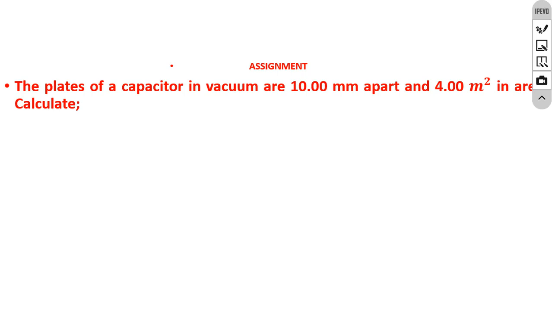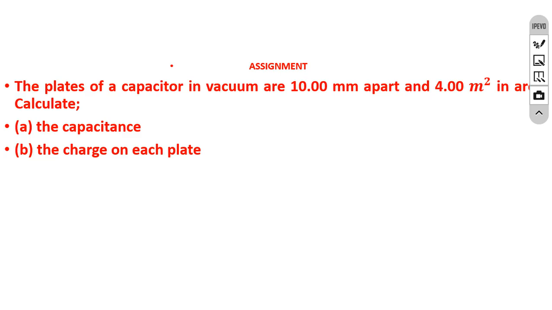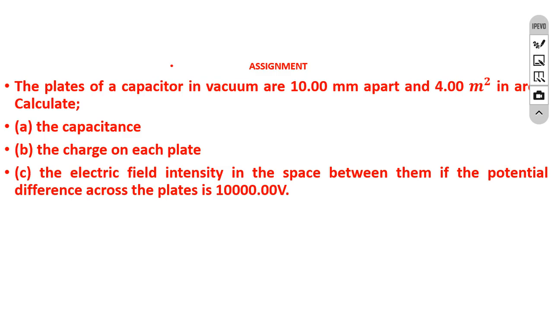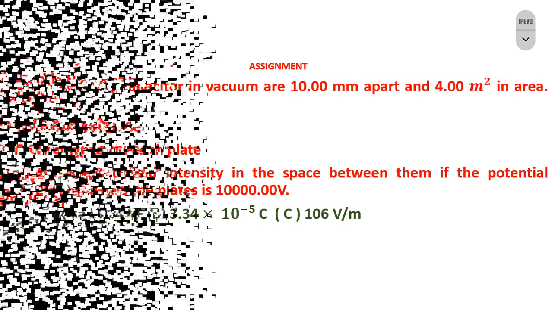Calculate the capacitance, the charge on each plate, the electric field intensity in the space between them if the potential difference across the plates is 10,000 volts. So the answer is here. When you solve it, check your answer if it is correct.